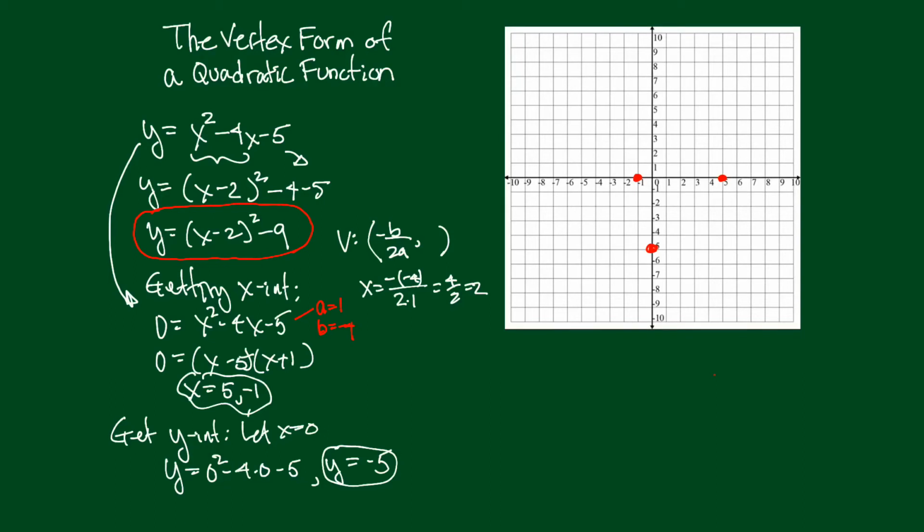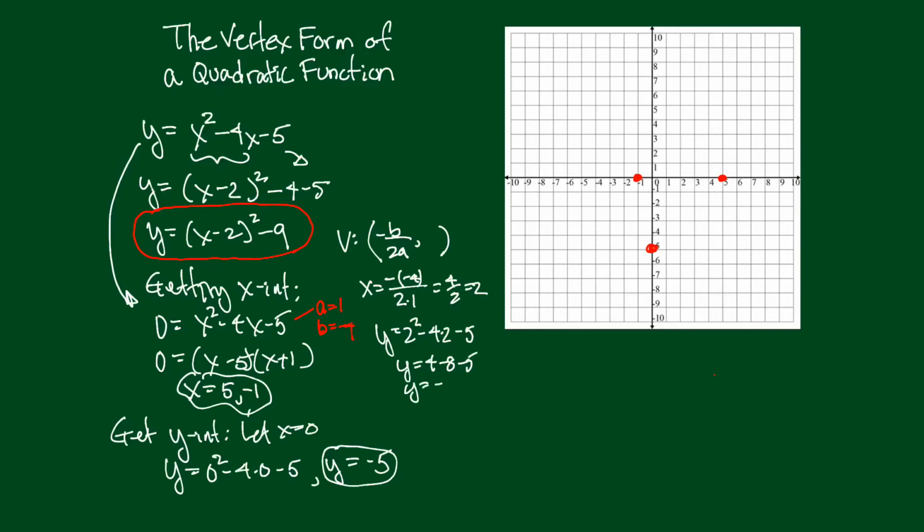Now, we're going to use that 2 and put it back into the function right here in order to get y. All right, so I'll put 2 right back in here to get y. So we will get y is equal to 2 squared minus 4 times 2 minus 5. So y is equal to 4 minus 8 minus 5.